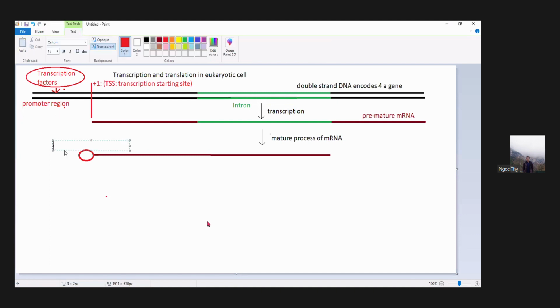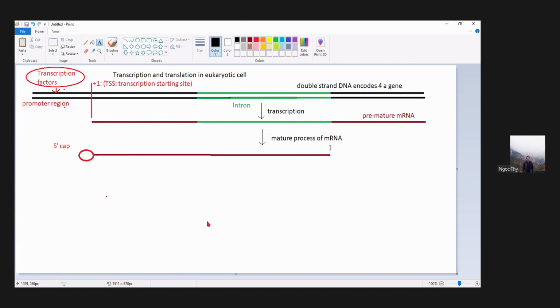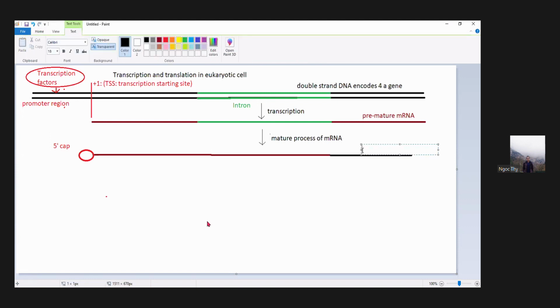This is the 5' cap, and the poly-A tail. This poly-A tail means it is A's.